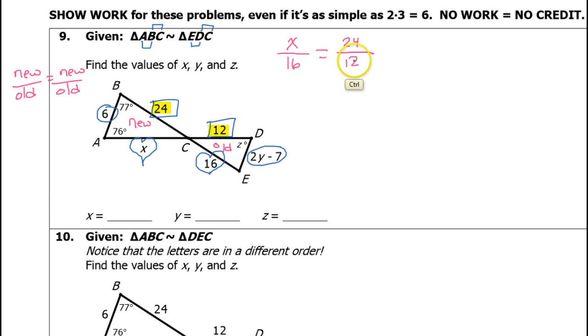Now, I would prefer to reduce this, and it reduces all the way down to 2 over 1. Interesting. So if I cross multiply this, that's going to give me X is equal to 32. So X is equal to 32.